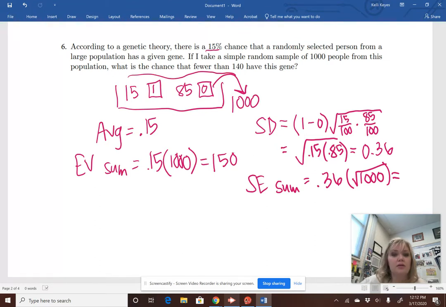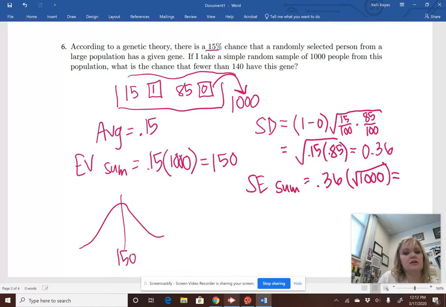So that, remember, if you're thinking fewer than 140, then on the normal curve, if we expect 150 to have the gene, give or take whatever the SE sum is, then we're finding wherever 140 is and the percent below that. So just make sure you put in the correct lower bound and upper bound in Norm CDF.